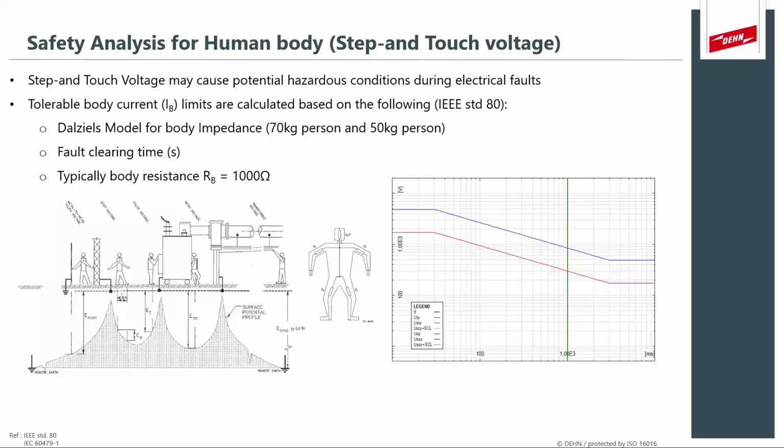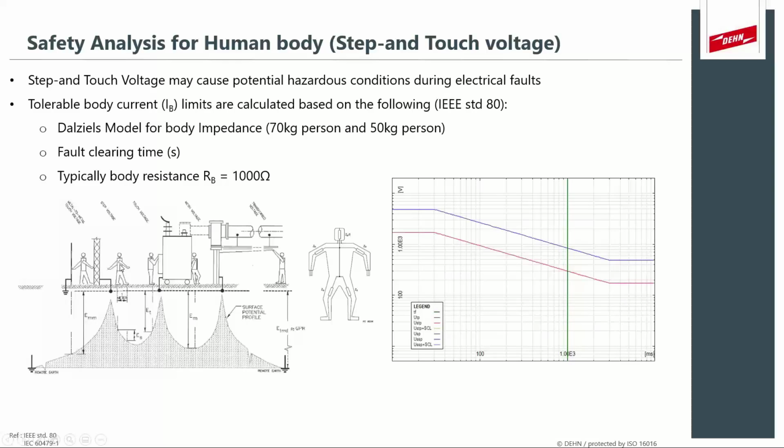Current flows when there is a voltage difference between 2 points. Now, if we look at this picture, which is from IEEE standard 18, if we inject a fault current at this point, it creates this voltage gradient or ground potential rise on the soil surface and in the subsurface layers.